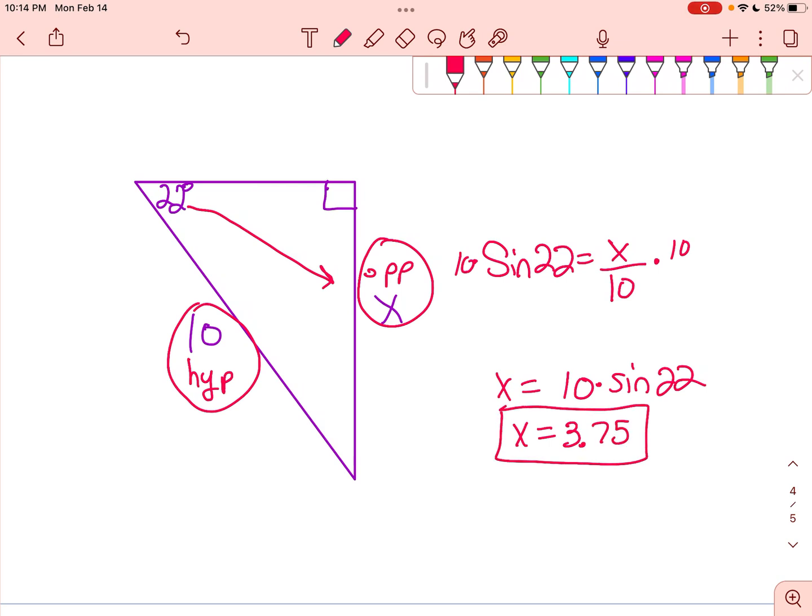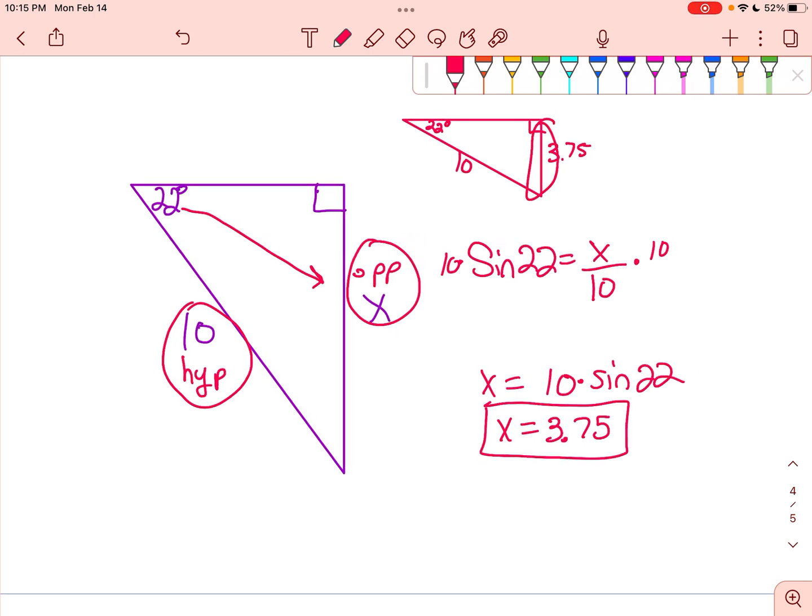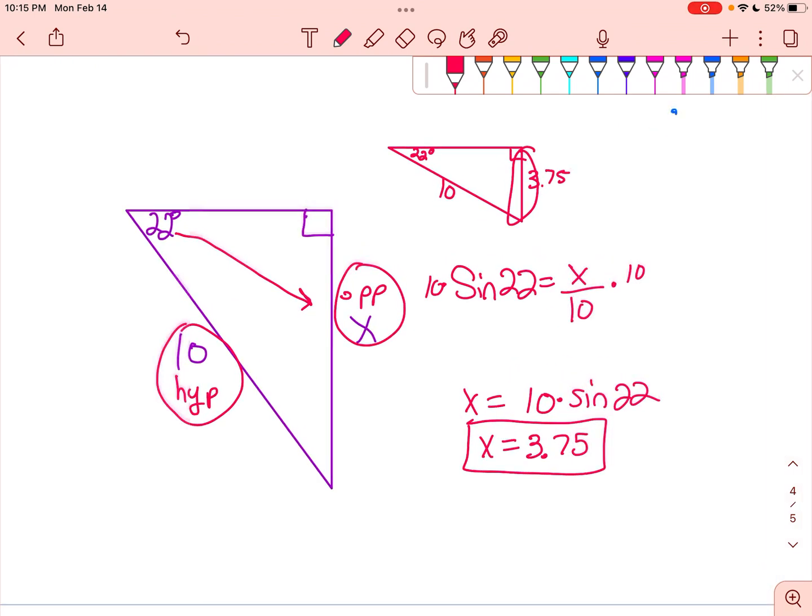So my calculator knows that if you have a 22-degree angle, and that kind of makes sense because this is not drawn to scale, a 22-degree angle is pretty narrow. So if you think about it, if the hypotenuse is 10 and this is 22 degrees, it makes sense that this is about 3.75. It shouldn't be that long of a side in relation to the hypotenuse. Okay, and that is it for section 9-10.